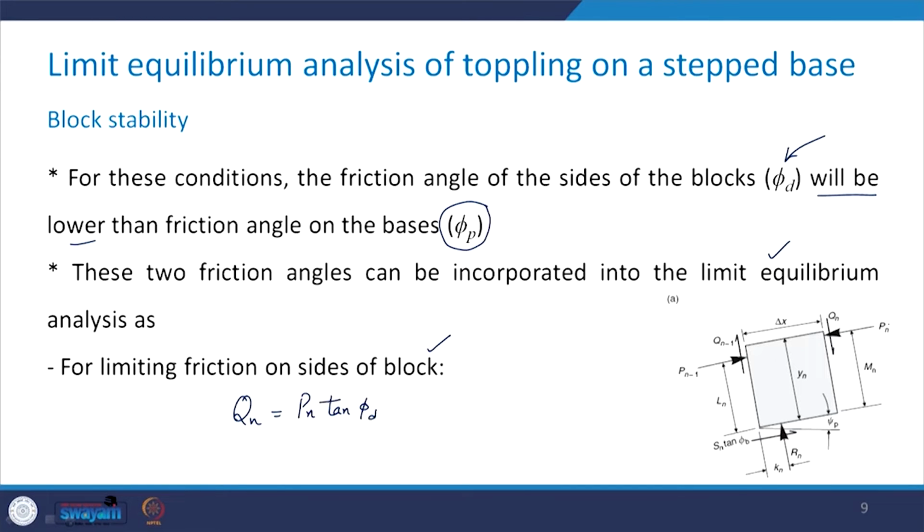Take a look here, this is your Pn and here the friction angle is phi d. So, this Qn will be Pn tan of phi d. So, this equation will be 19, and similarly you can write Qn minus 1 as Pn minus 1 tan of phi d. This will be equation number 20.